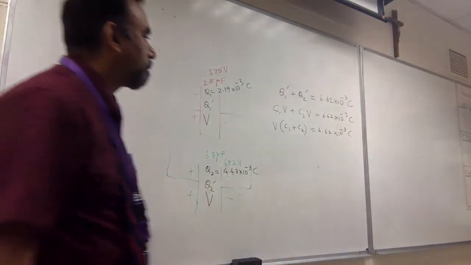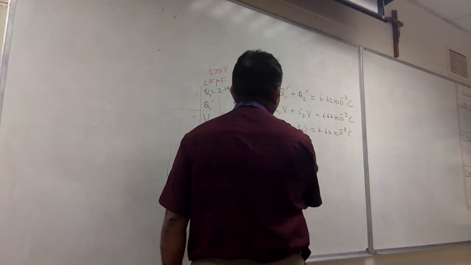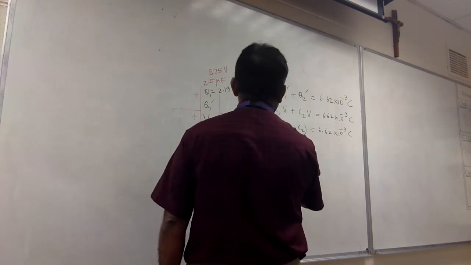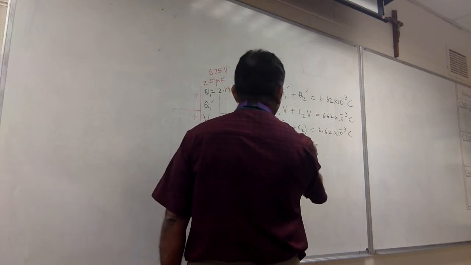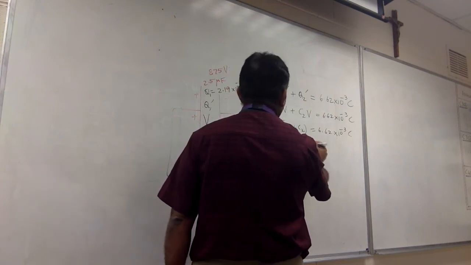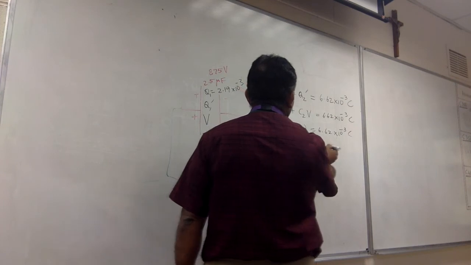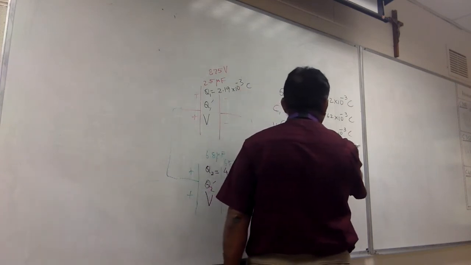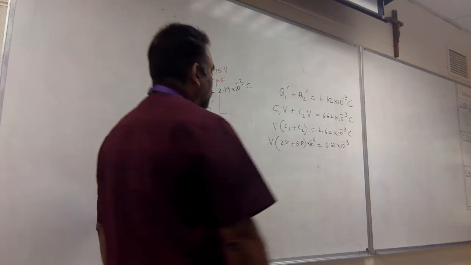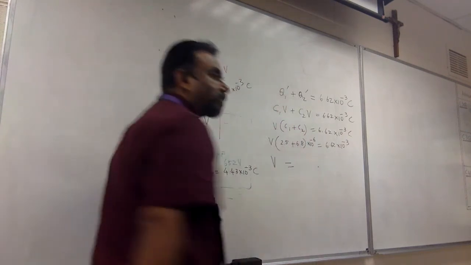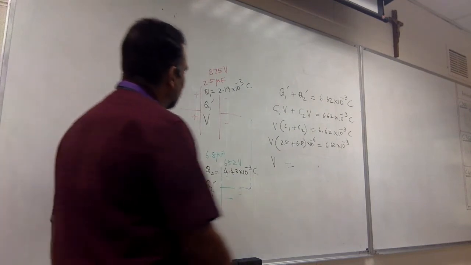And so now C1 is 2.5 and C2 is 6.8 micro, is equal to 6.62 times 10 to the power negative 3. So you can solve for V. How much is it? 711.83. 711.